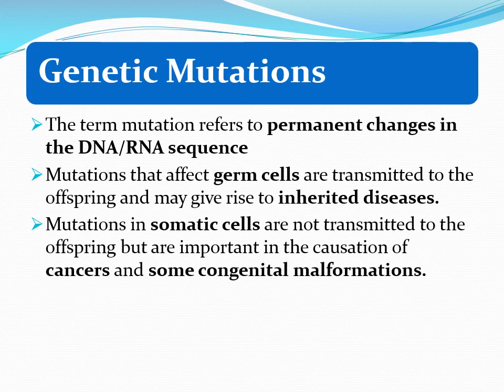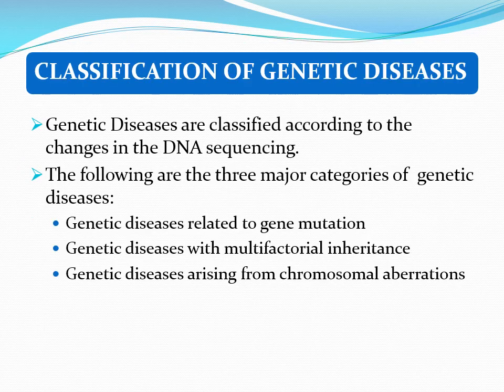Because the cell which is affected is not responsible for sex. That's why you may find the father has an extra digit, but the baby has no extra digit. But if the mutation occurred in the sex cell, that means every offspring will have the same problem, because it will be transmitted from one generation to another.